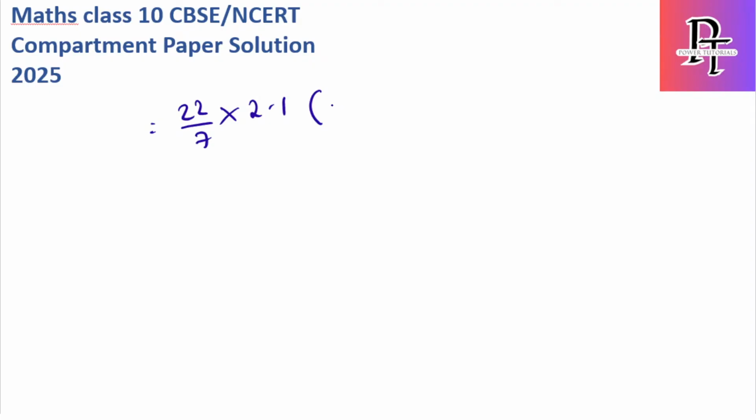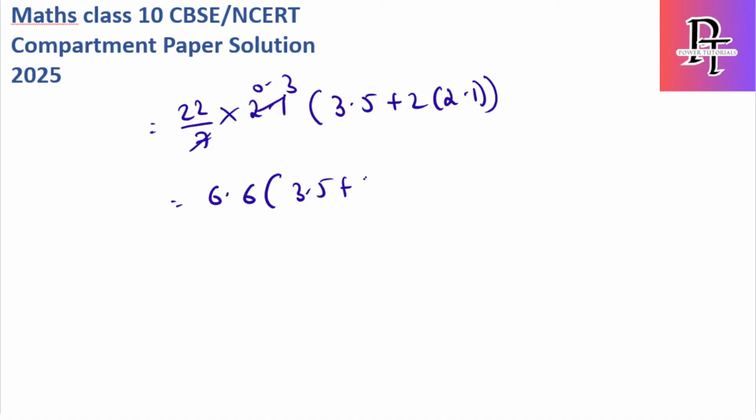L plus 2r, L we got as 3.5 plus 2 into 2.1. 7 ones are 7, 3, so this becomes 6.6 into 3.5 plus 4.2, so this becomes 6.6 into 7.7.